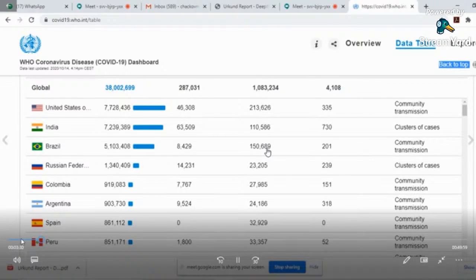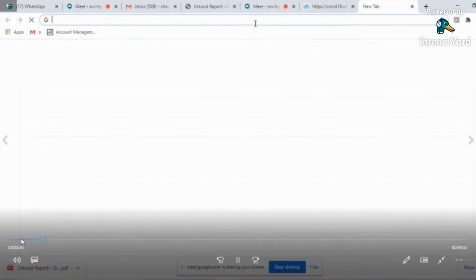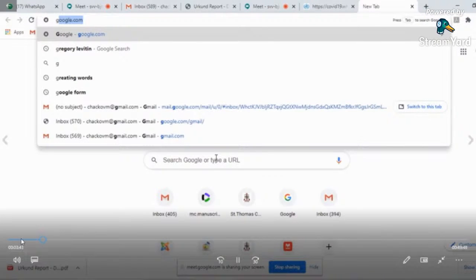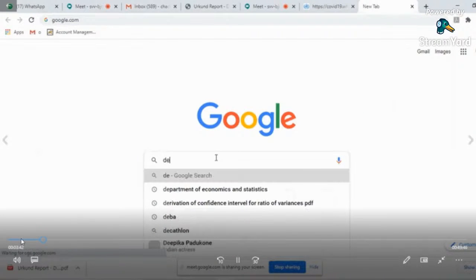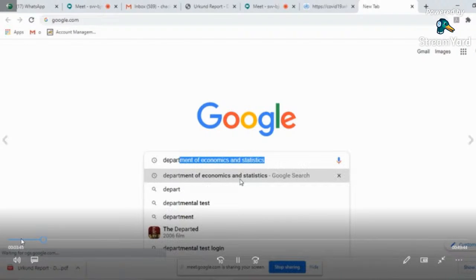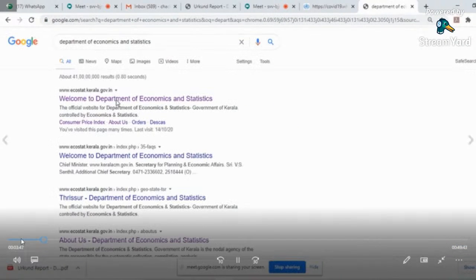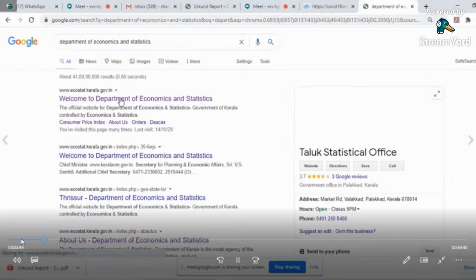You can also see some other report that I think I have shown you, the report from the Department of Economics and Statistics. On the Department of Economics and Statistics website, you can see plenty of data available.